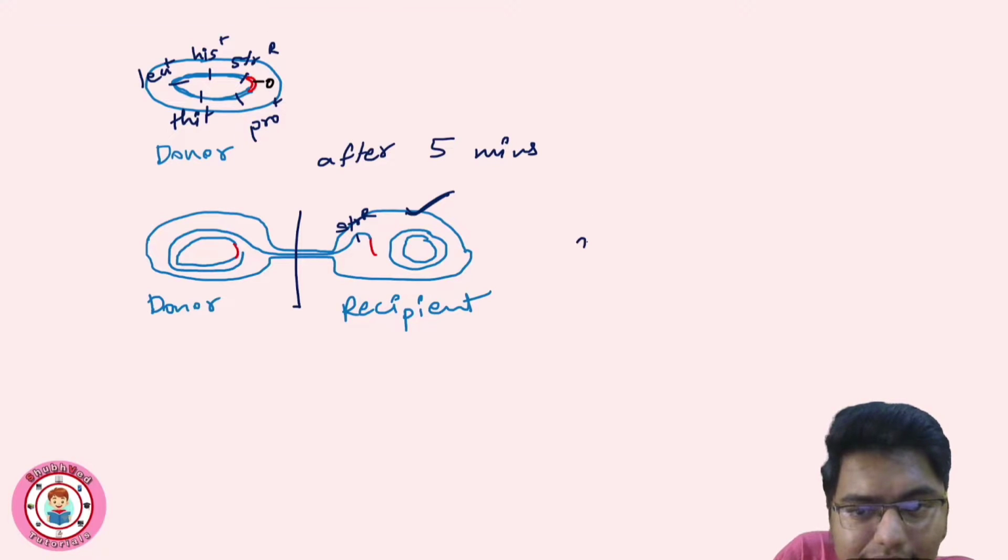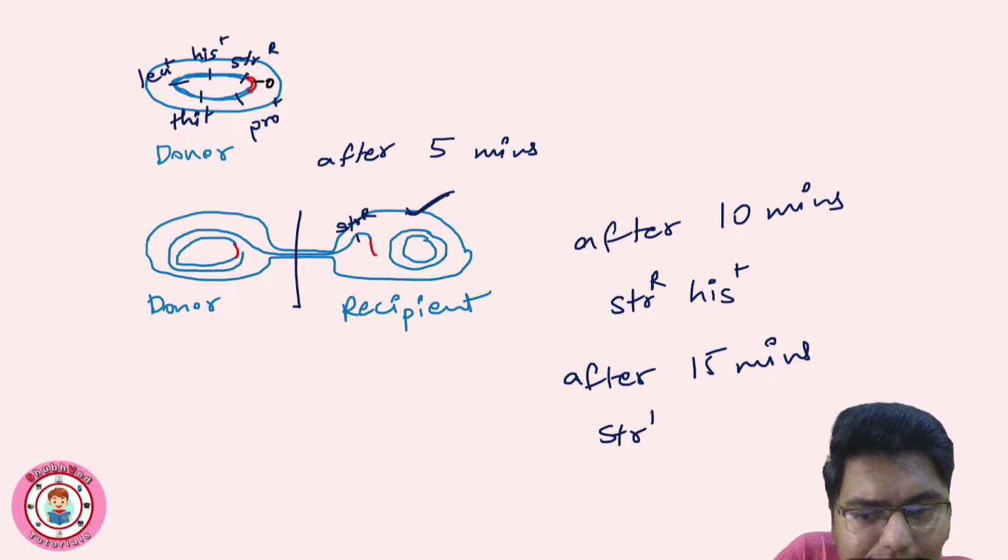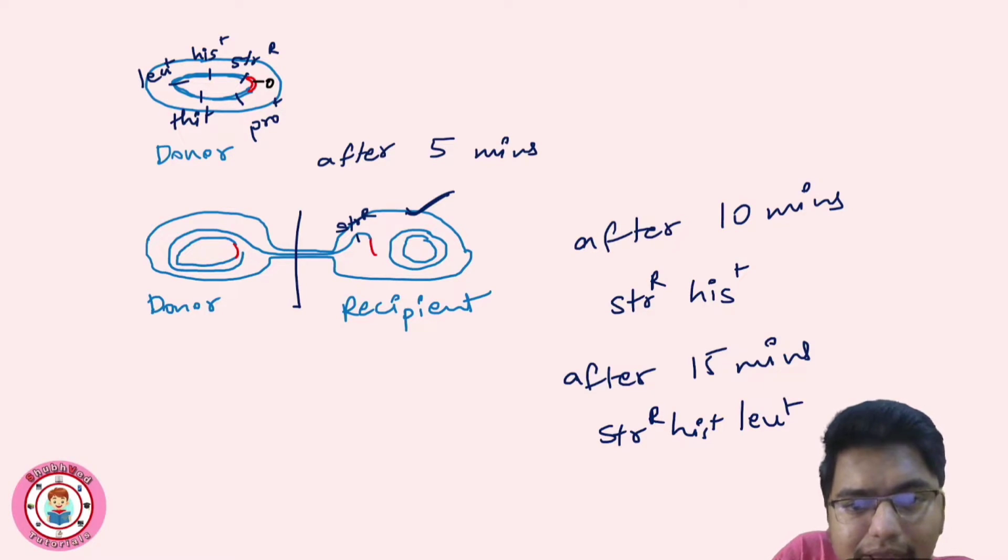Then likewise after 10 minutes, we will see STR plus next histidine plus. Then after 15 minutes, we will see STR, histidine, then leucine, like this. After every 5 minutes, we will see a new gene coming in.